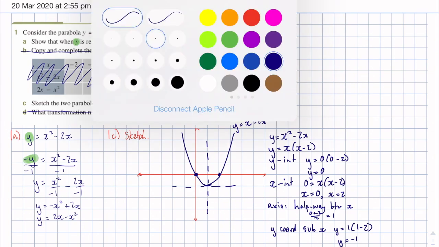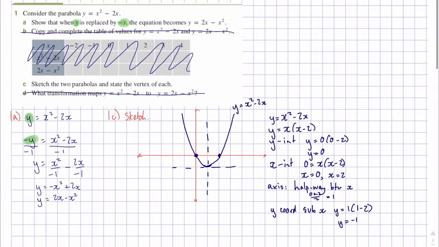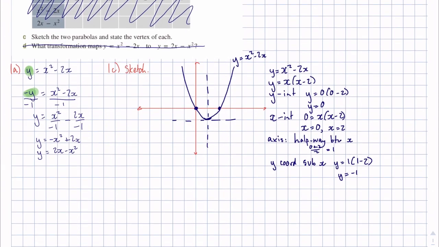Now, I'm going to do essentially the same thing, but in purple. So that's the same as y equals negative x squared plus 2x, which is the same as 2x take x squared.